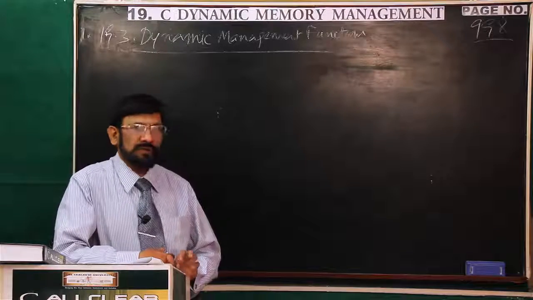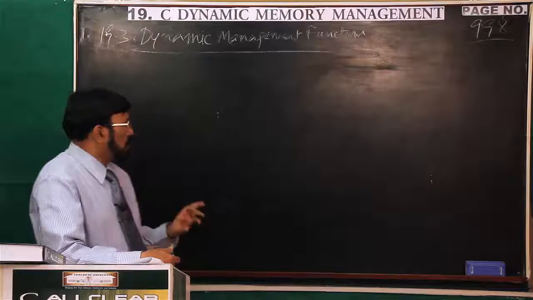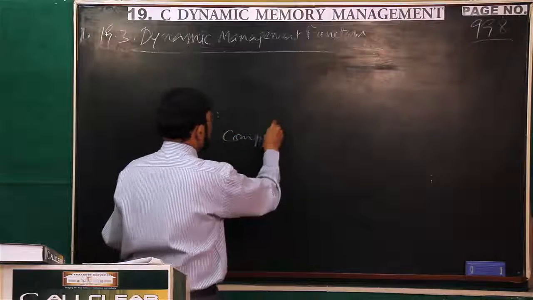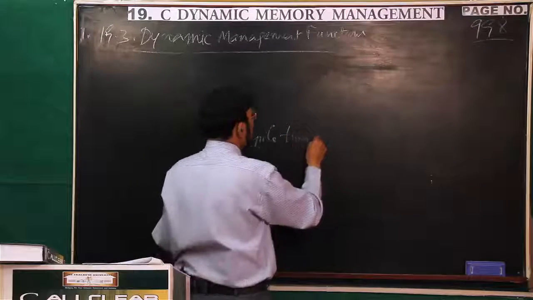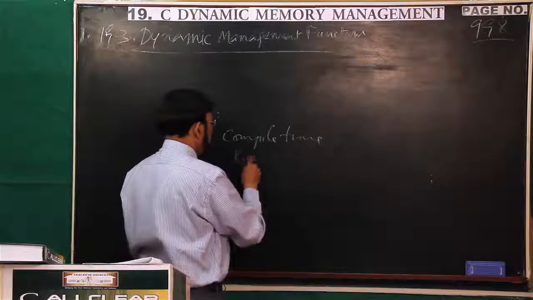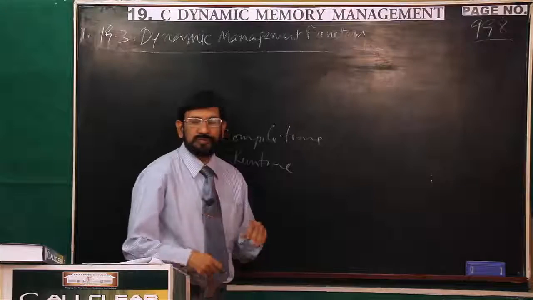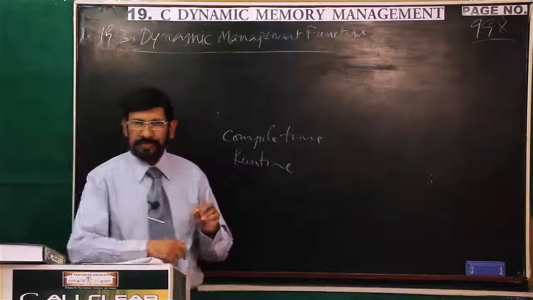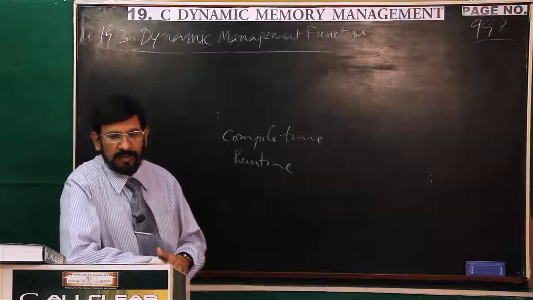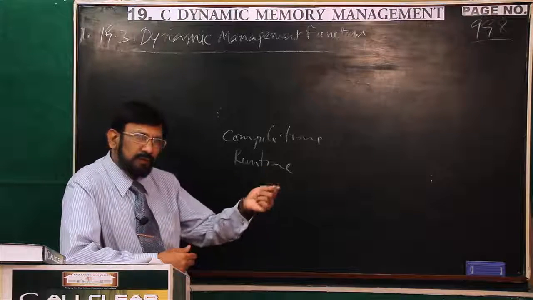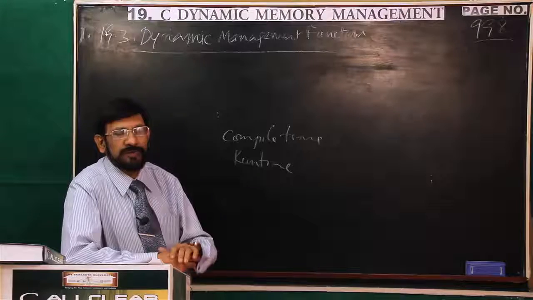Before studying the subject, two crucial words we have to learn. First one is compile time, second one is runtime. These two words we use very frequently. Compile time means the time in which the source code is converted into object code.